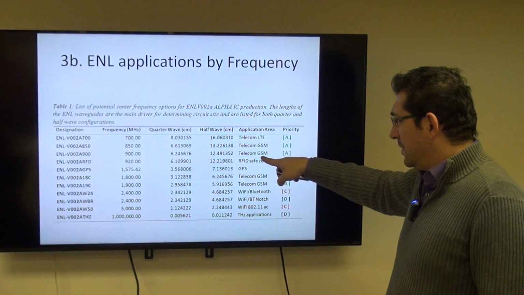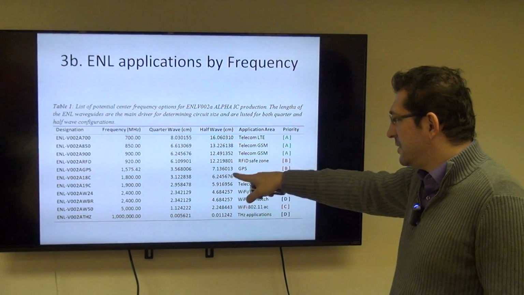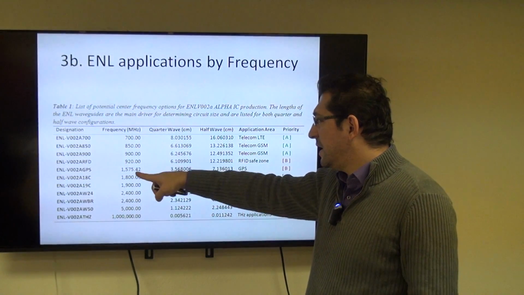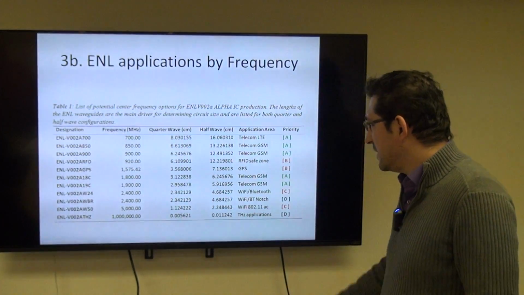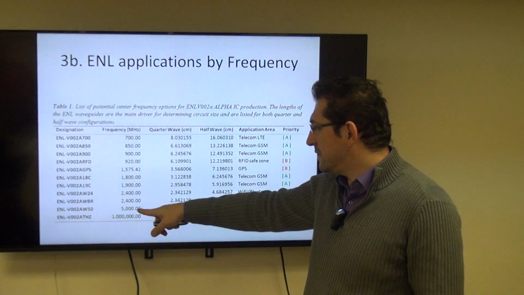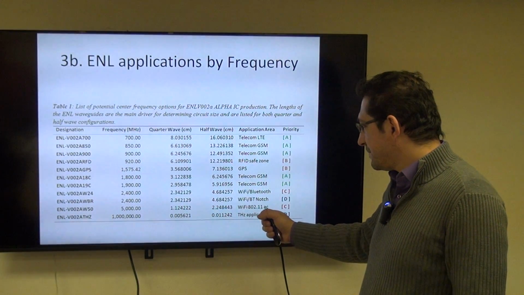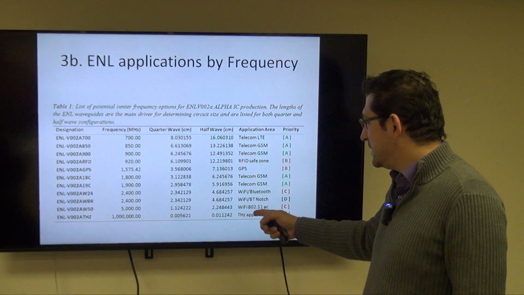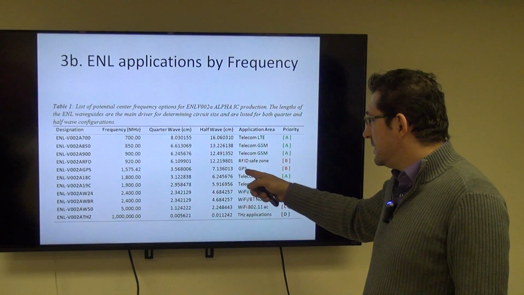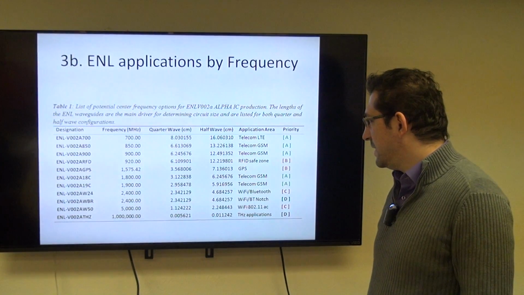Essentially, we're looking at telecommunications and GPS and some RFID applications at 920 megahertz. The rest of them are all telecommunication, Wi-Fi a little bit higher up, around 2.4 gigahertz and 5 gigahertz for Wi-Fi AC, and GPS is a very specific frequency at 1.575.